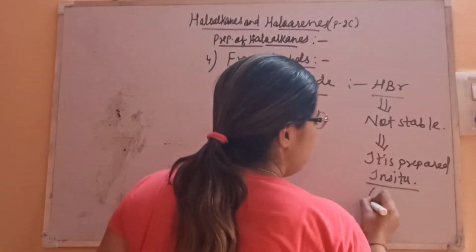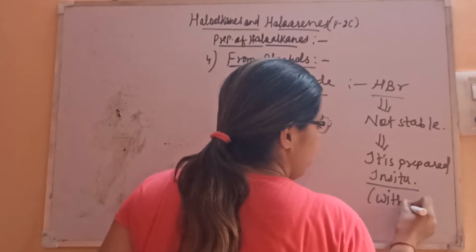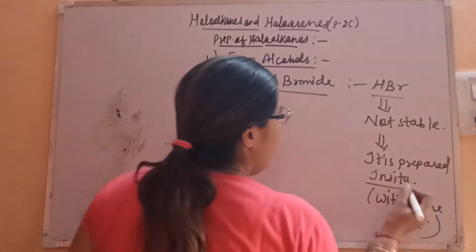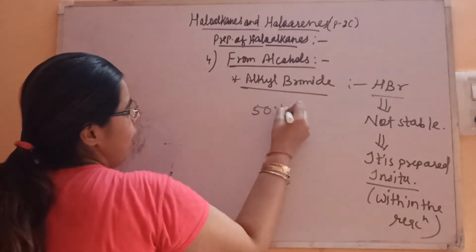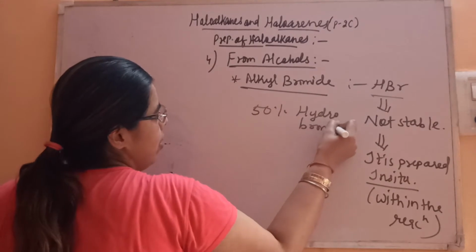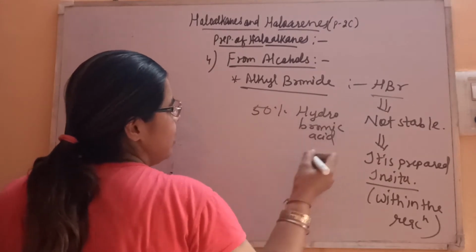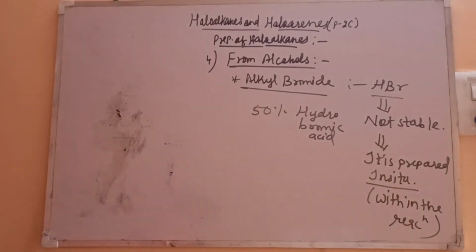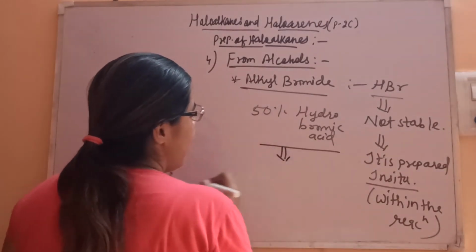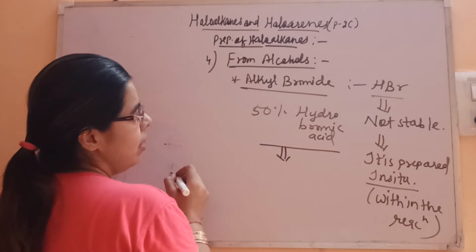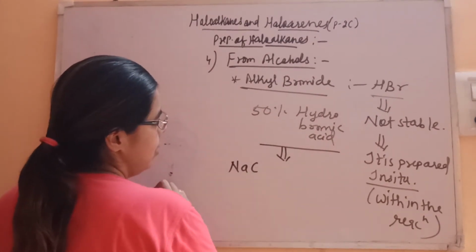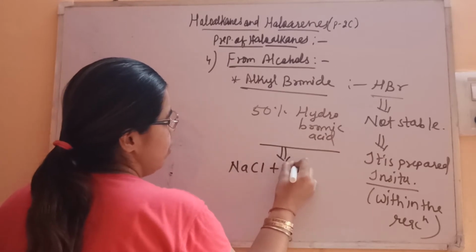In situ means within the reaction it gets formed. So here we will be using 50% hydrobromic acid. It is prepared by mixing NaBr with H2SO4.